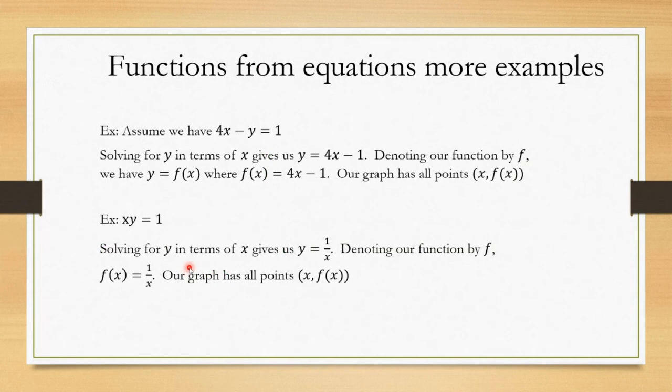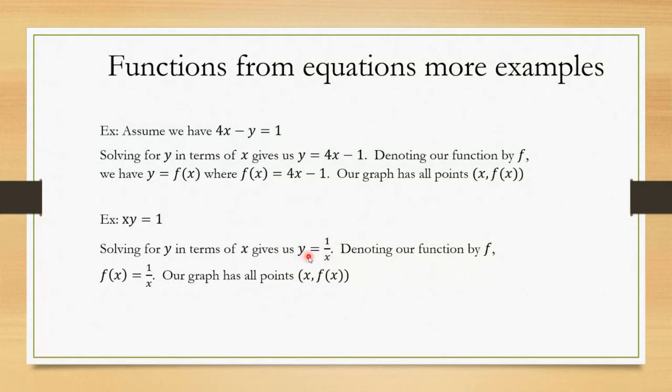In fact, again, you can solve for y, right? And we get y equals 1 over x. You basically divide both sides by x. So again, I get y equals something in terms of x.